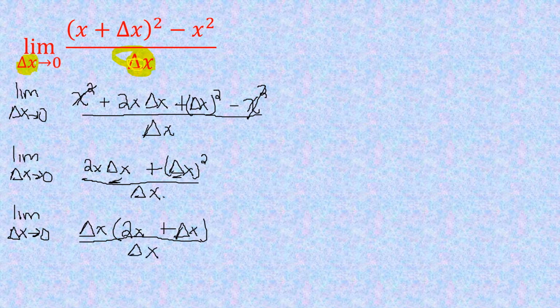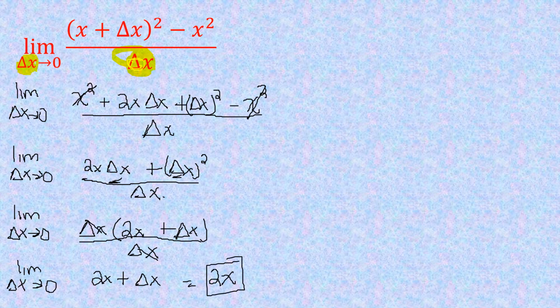Now, what did that give us? Well, now this delta x and that delta x cancel out. And so now I have the limit as delta x approaches 0 of 2x plus delta x. When I take that limit, I do a direct substitution for delta x, it goes to 0. So then I am simply left with 2x. And that is my answer.